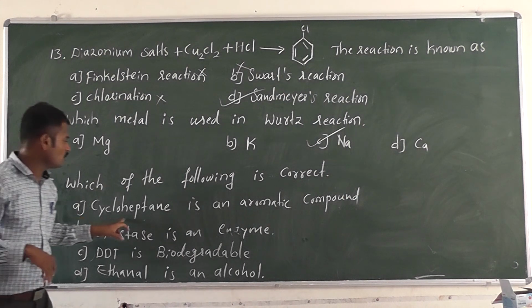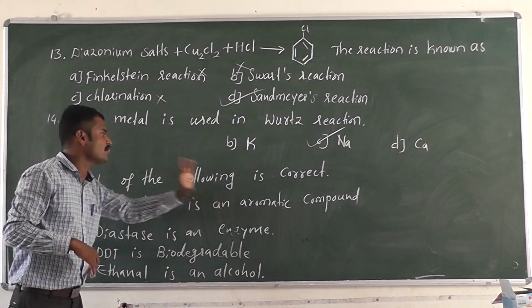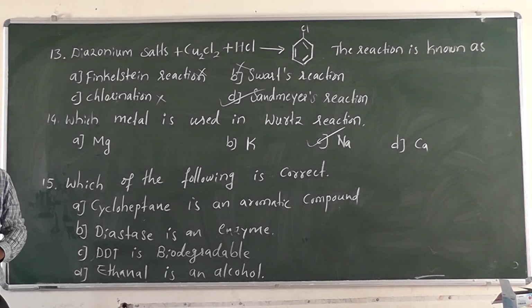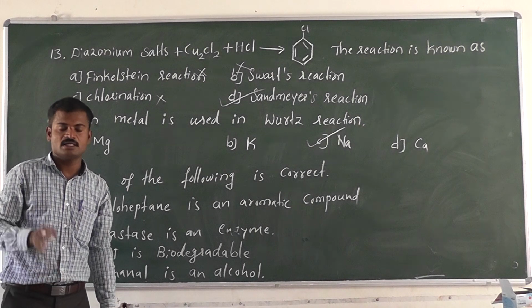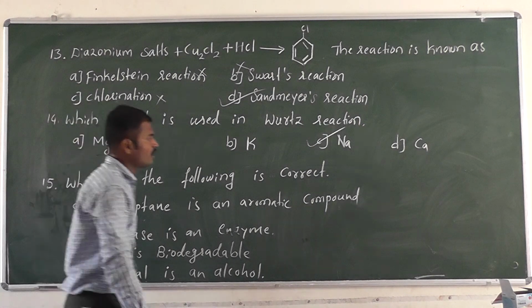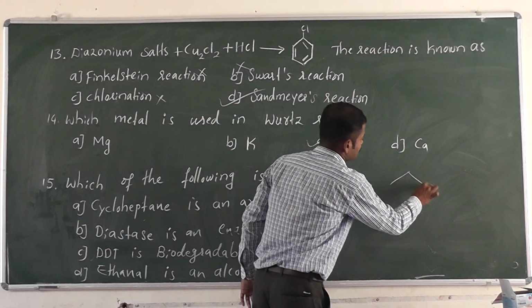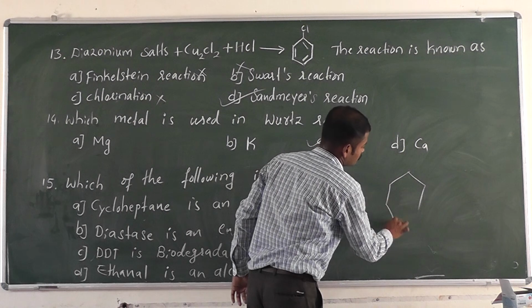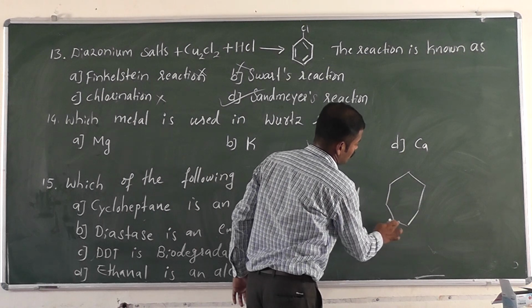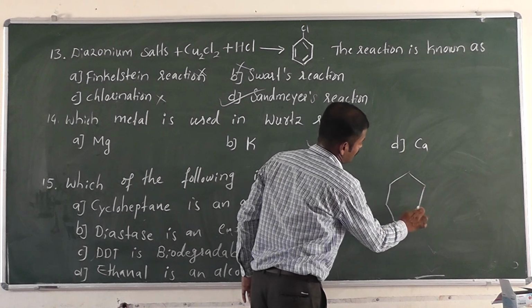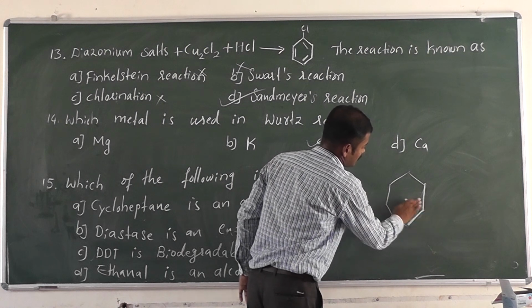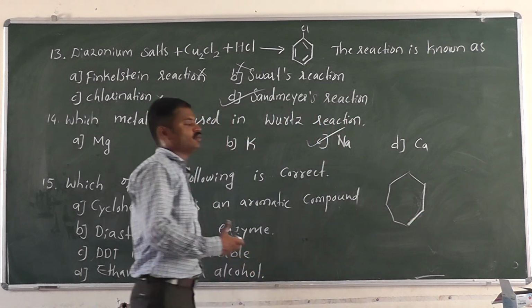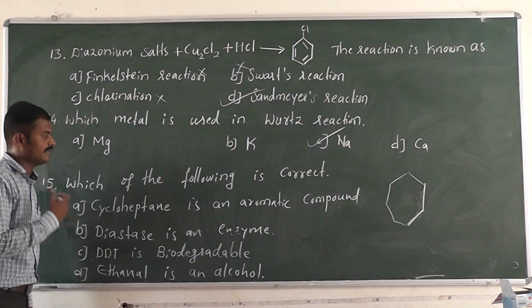See, cycloheptane is an aromatic compound. Cycloheptane. Hexane, heptane. Heptane means there should be 7 carbon atoms. So cycloheptane we get like this: 1, 2, 3, 4, 5, 6, 7. So totally there are 7 corners, that means 7 carbon atoms are there.